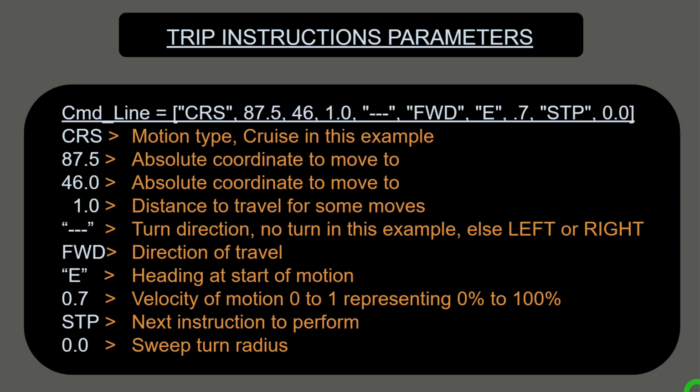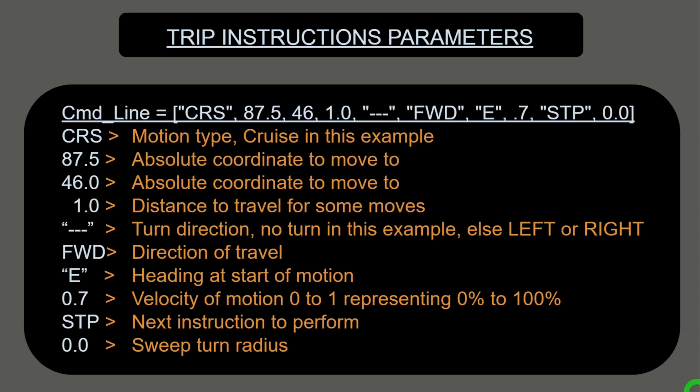The heading at the start of the motion, that is critical to help with computing distances traveled and absolute coordinates. If I know the heading and I know how far I've traveled, I can put that into absolute coordinates. And that is also communicated to the scheduler so it too can figure out where the Zoomie is going.